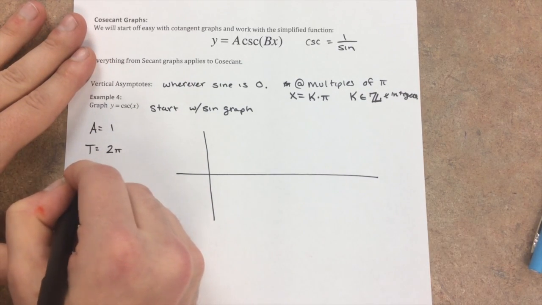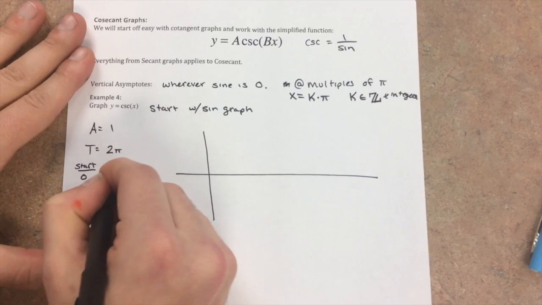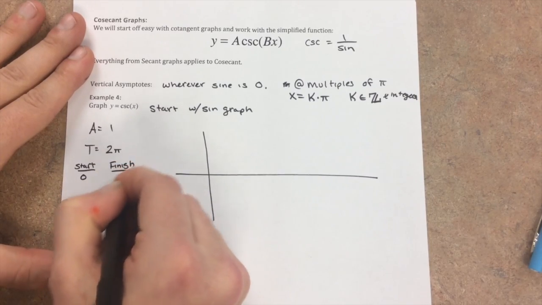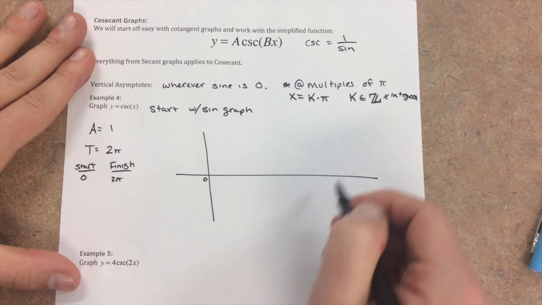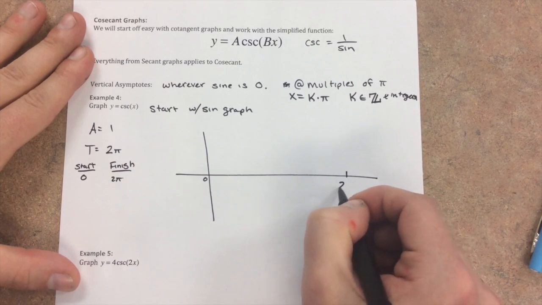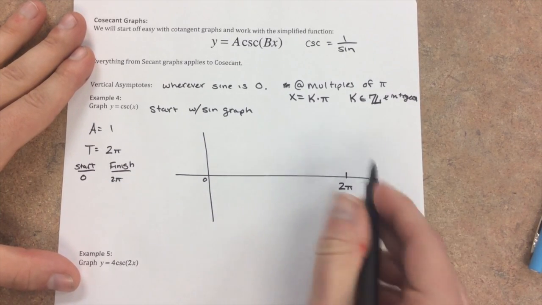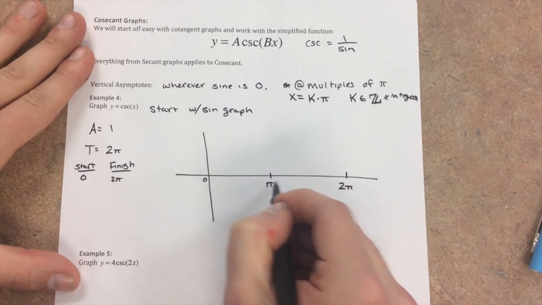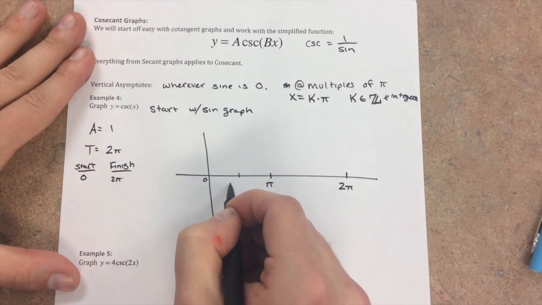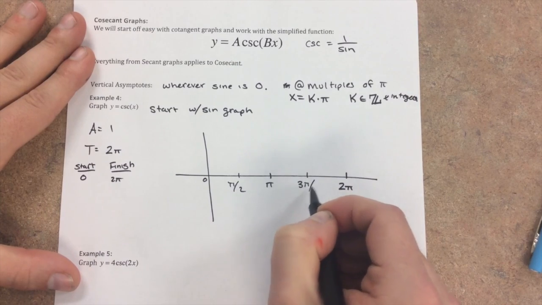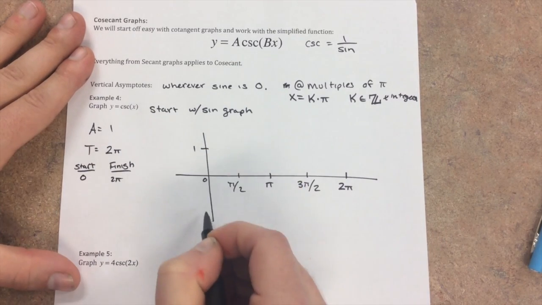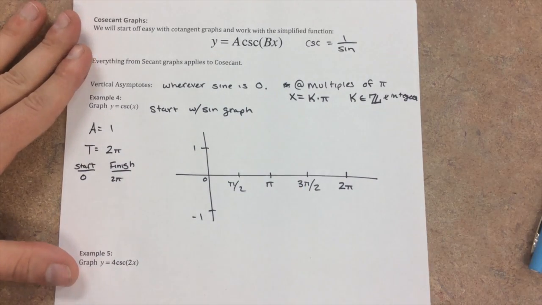That means our start is going to be at 0, our finish is going to be at 2 pi. So this is 0 right here. We'll go out 2 pi units, cut that in half, we get pi, cut that in half again, we get pi over 2, and 3 pi over 2. Amplitude is 1, so we go up 1 and down -1.